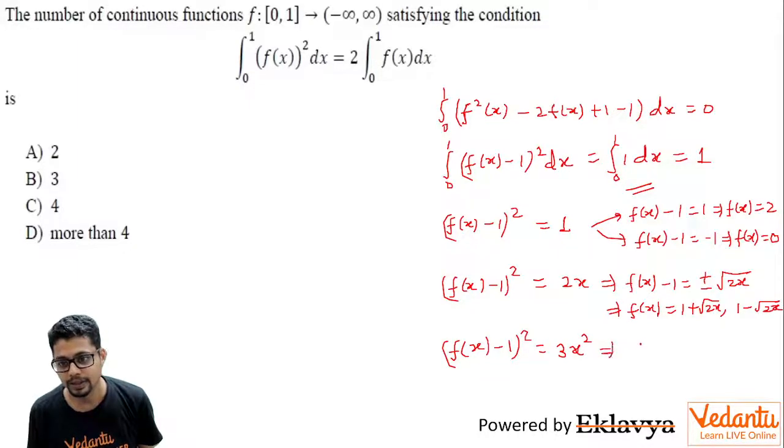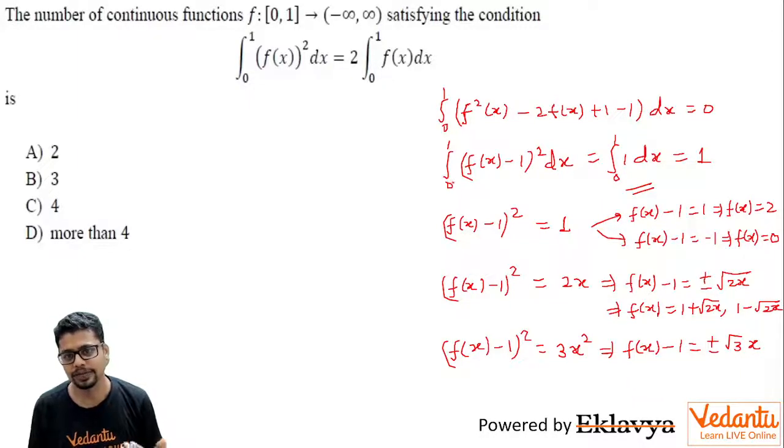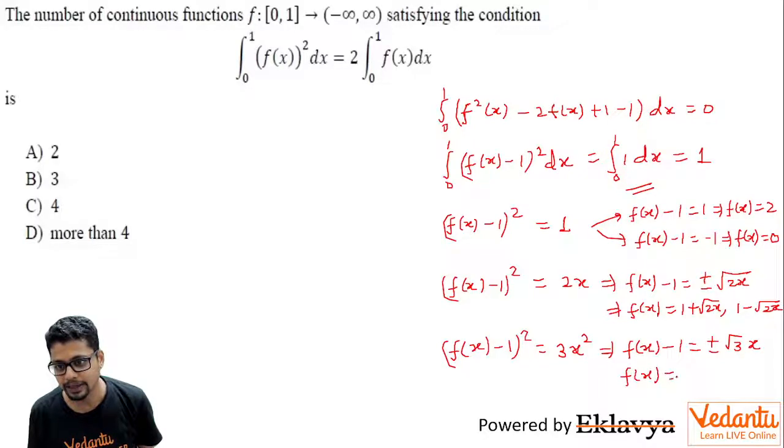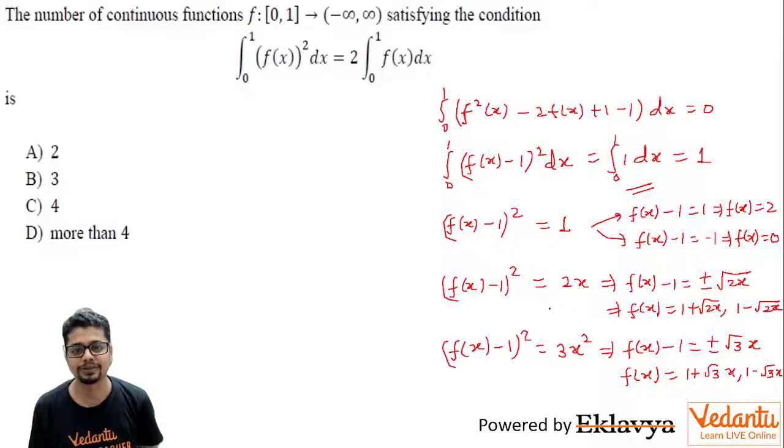So here f(x) minus 1 would be plus or minus root 3x, because x is anyway positive, since you are integrating from 0 to 1. So here f(x) is 1 plus root 3x or 1 minus root 3x. So here itself 1, 2, 3, 4, 5, 6 functions I have just shown you. So definitely there are many more such functions, and D is the correct answer. Thanks for listening.